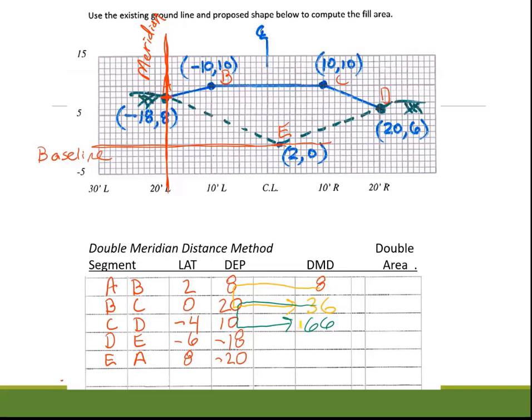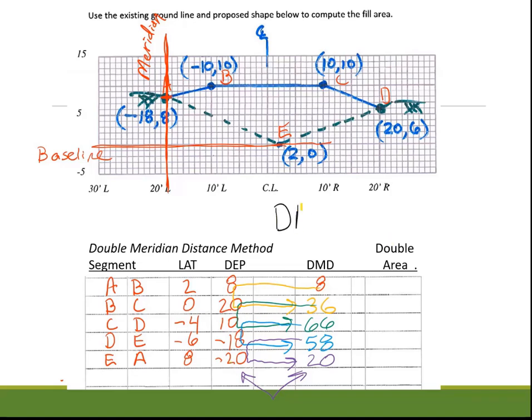DMD of line DE, 66 plus 10 plus -18 gives me 58. And the DMD of the line segment from E to A is 58 plus -18 plus -20 gives me 20. Here's a check: my last DMD is the opposite of my last departure.